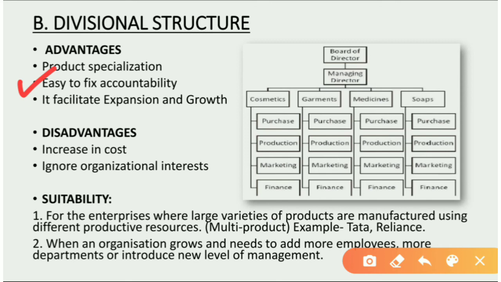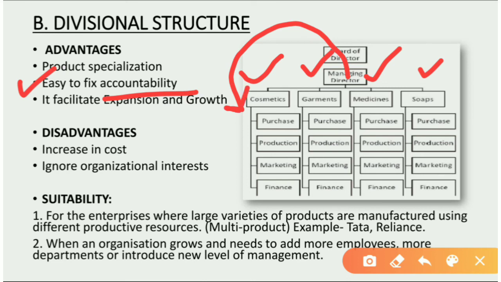See, accountability means what, students? Let's suppose an organization XYZ is producing cosmetics, garments, medicine, and soap. Accountable means answerable. Suppose the managing director has given work to the cosmetic department, and the cosmetic department tells the worker to do the work.